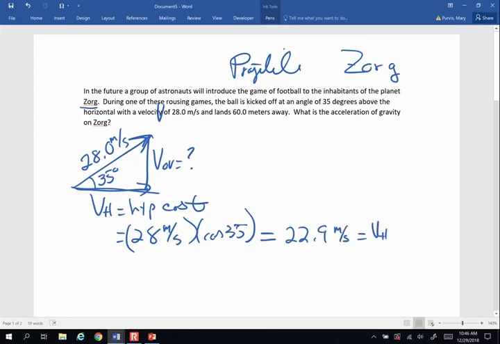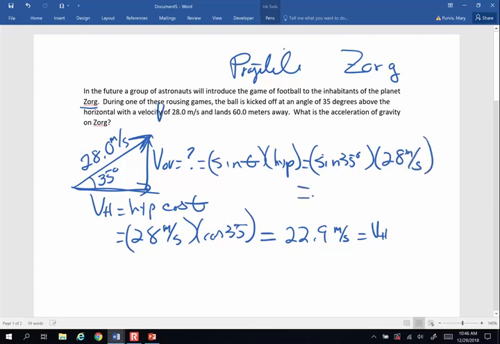The vertical side is the opposite, so this is going to be the sine of theta times my hypotenuse, and that is going to be the sine of 35 degrees times 28 meters per second, and that is going to end up being 16.1 meters per second as my original vertical velocity.